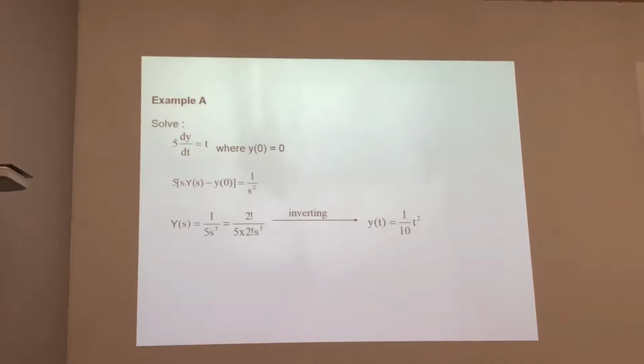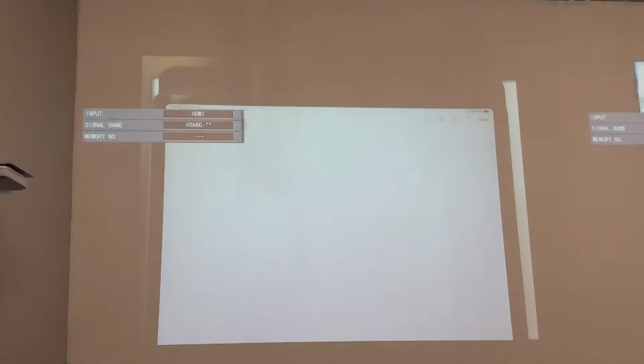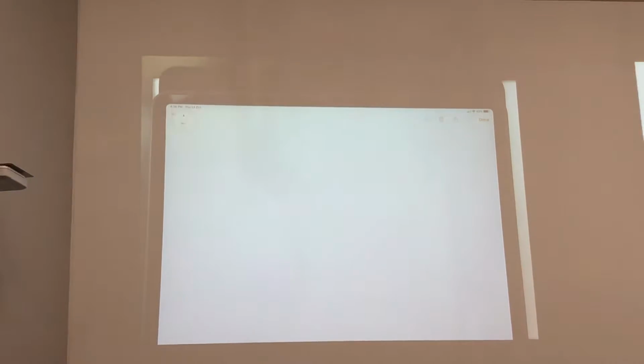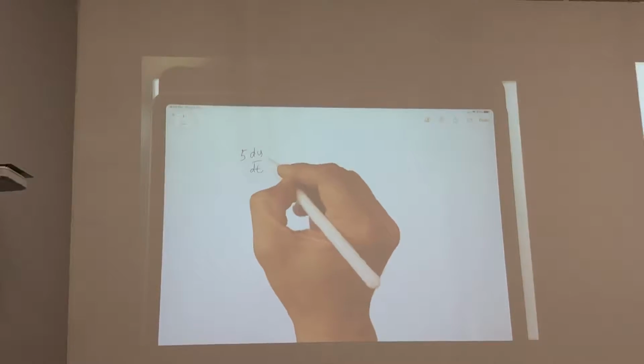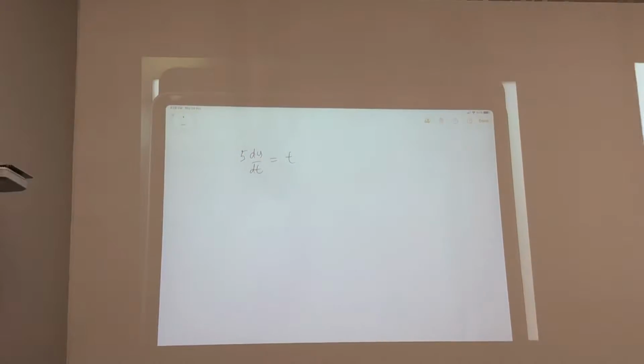Alright, if I have a process which is 5 dy/dt equal to t, this is my process dynamic, an equation I derive.